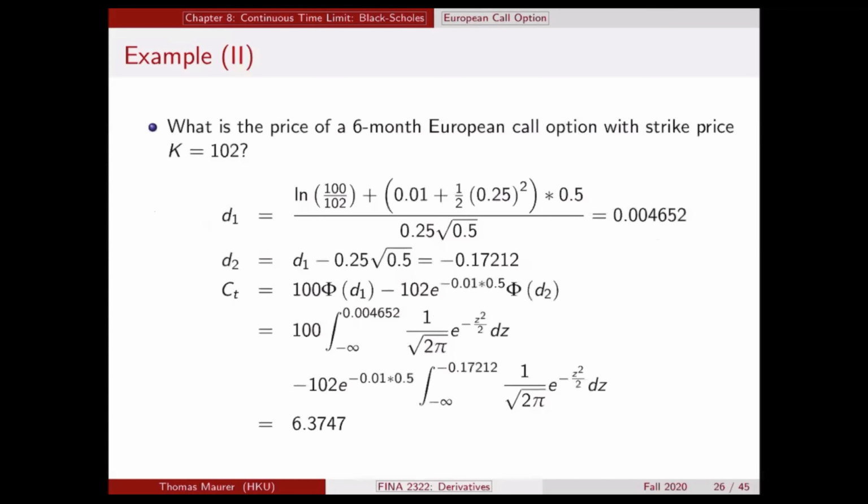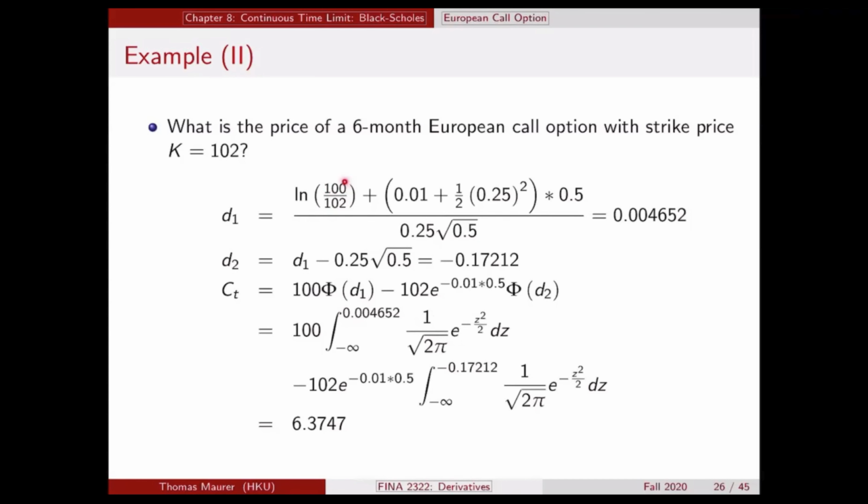So how do we use the Black-Scholes formula if you want to price a European call option with 6 months to maturity and strike price of 102? So we need to figure out what are these threshold values, D1 and D2. D1 was defined as the natural logarithm of the price of underlying asset divided by the strike price.